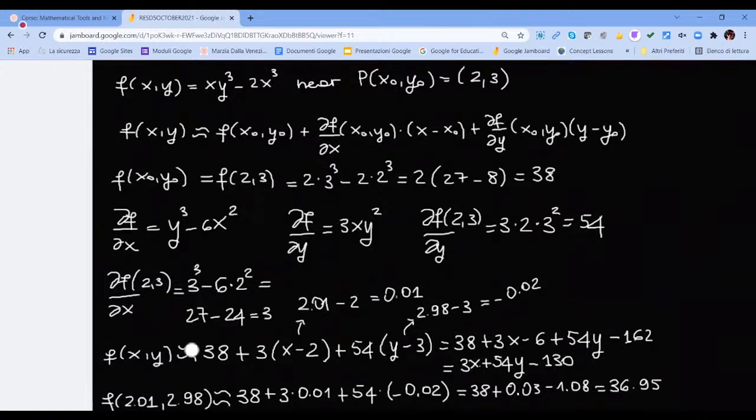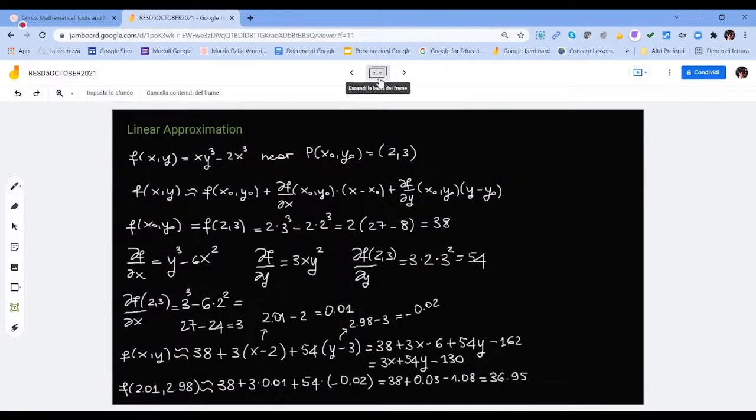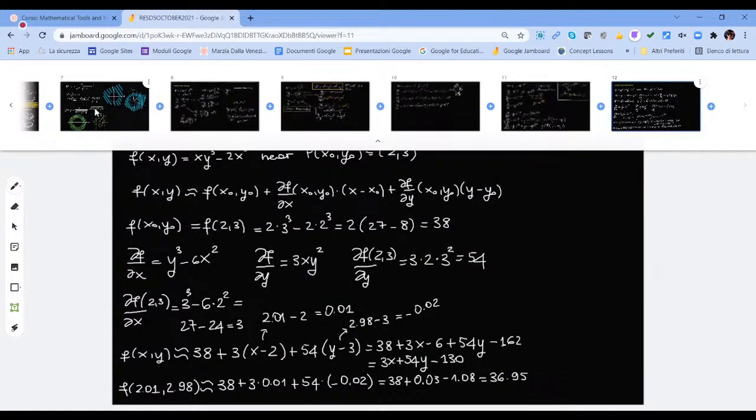I wanted to compute, I forgot, but maybe we can do it now, the partial derivatives of a quotient. I'm not sure if we computed it last time.